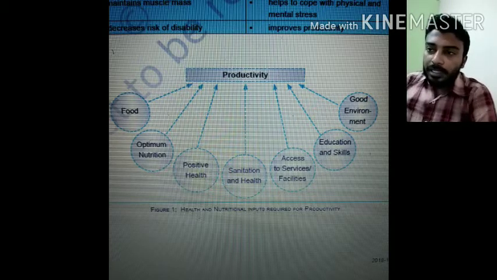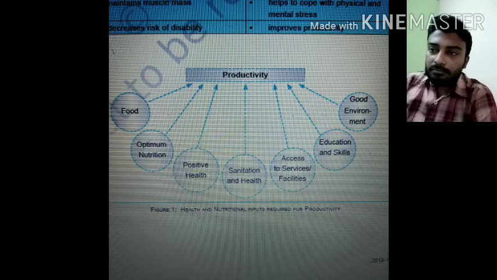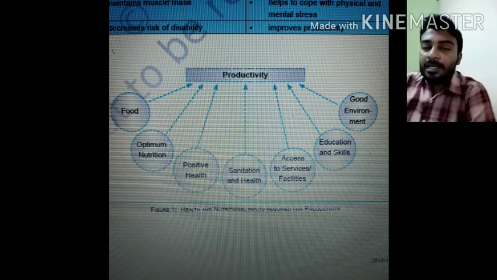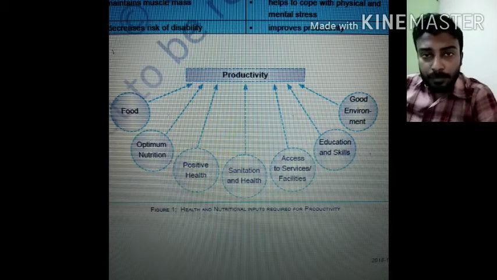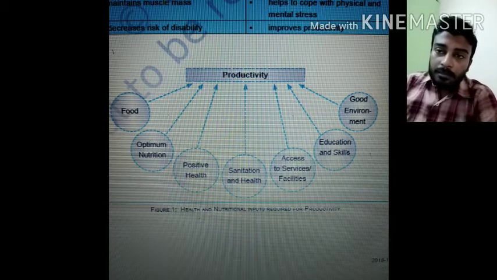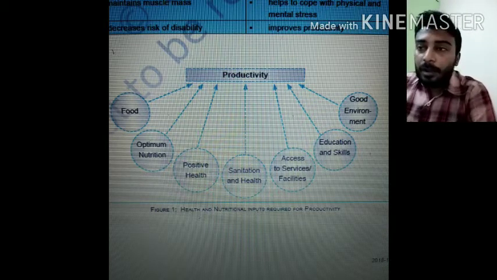All these 5 points that I have discussed are incomplete, or rather impossible, without the proper education and skills. So you have to acquire the proper skills and education in order to maintain the mentioned requirements.